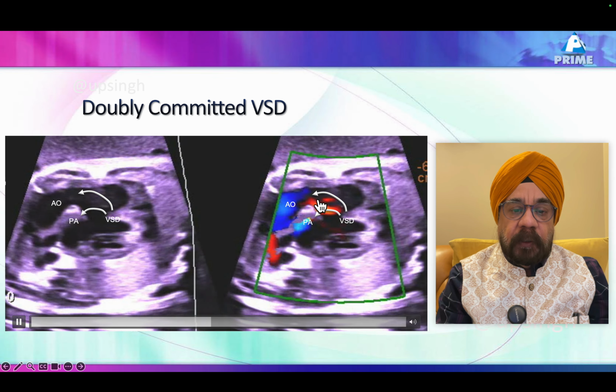Now you see the mitral valve, the anterior mitral leaflet is attached here, and the aortic valve should have been attaching here, making anterior mitral leaflet-aortic valve continuity. But rather than that, there is a distance between the insertion of the mitral valve here to the origin of the aortic valve here.